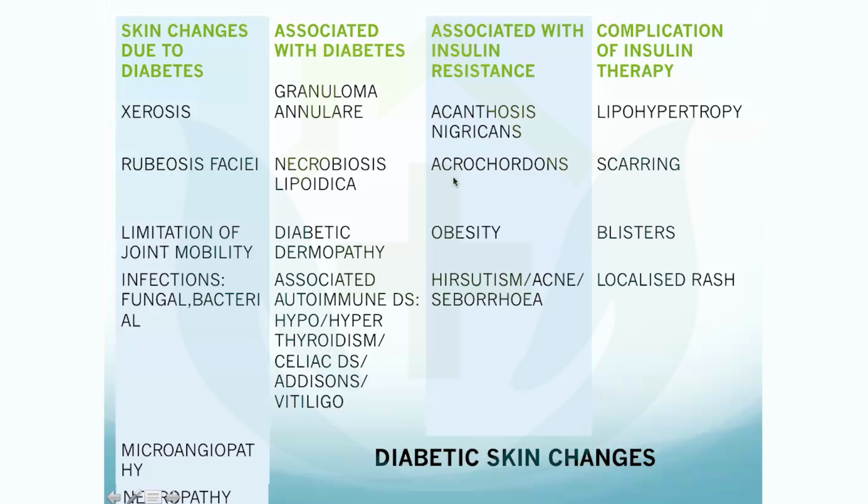Insulin resistance is associated with acanthosis nigricans, acrocordons as skin tags, obesity, hirsutism, seborrhea, and acne. Complications of insulin therapy are lipohypertrophy, scarring, and blisters. You have to remember all this when dealing with a diabetic patient.